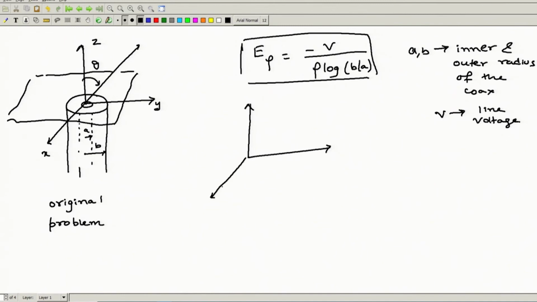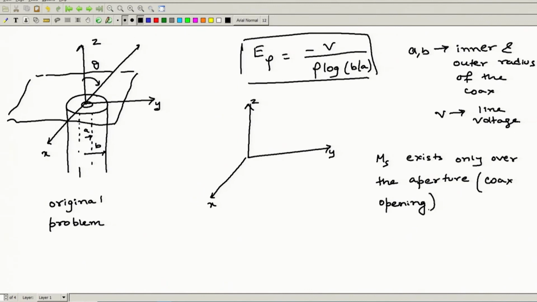This is Z, this is Y, this is X. This aperture will be replaced by a magnetic surface current, MS. MS exists only over the aperture, that is the coax opening, for tangential E is 0 over the ground plane.